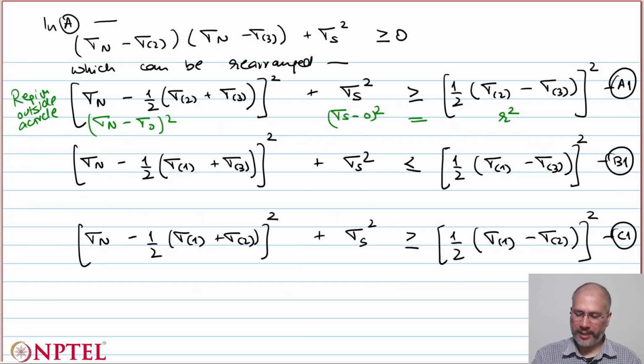And because we have a greater than or equal to sign here, that means that this is the region which contains the circle and all the region outside this circle. Similarly, for equation B1, we have a less than or equal to sign here. So that's some region inside some circle. And for equation C1, we have a greater than or equal to sign here. So that is some region outside some circle.